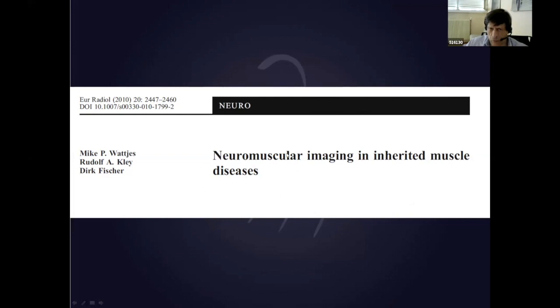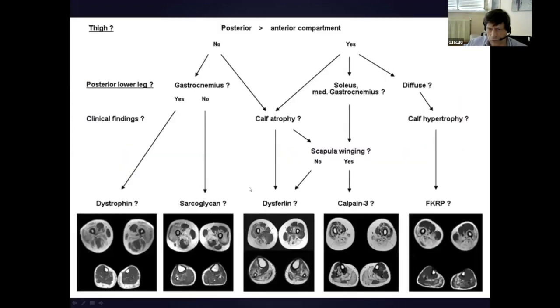Sometimes one article is very useful, not only in child but also in adult for muscular dystrophy. It's one article made by Wattjes and Dirk Fischer, and you have an algorithm to differentiate the most important dystrophies only based on the examination of the lower limbs.